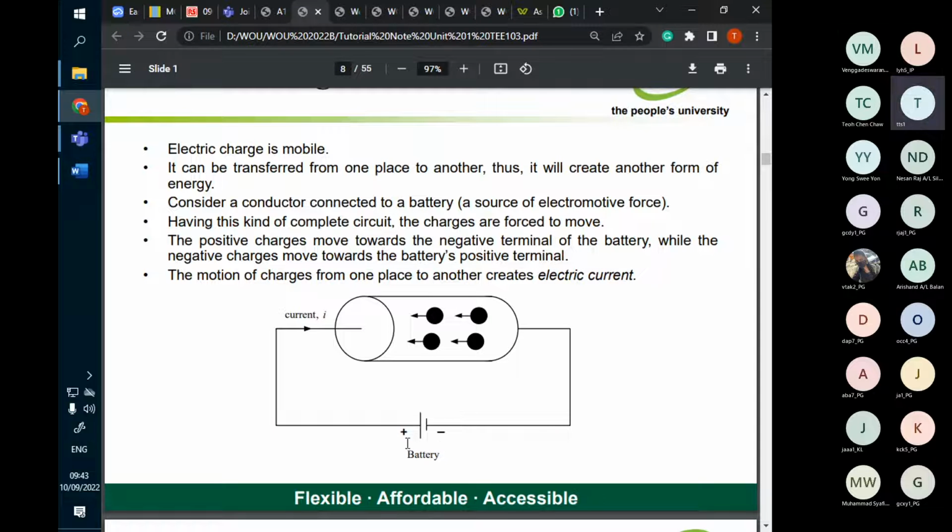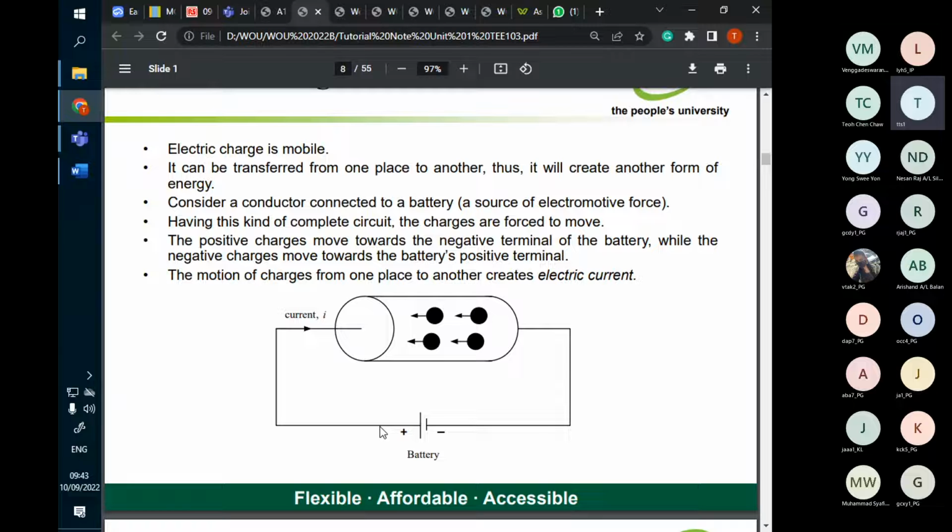And the voltage here is the one pushing the charge across the conductor. So the voltage is some kind of potential energy, some kind of pressure. When you relate to the water pipe analogy, the voltage can be viewed as the water pressure in the water pipe. The water pressure is the one to push the water forward, allowing the water to flow through the pipe from the lower ground to a higher ground.